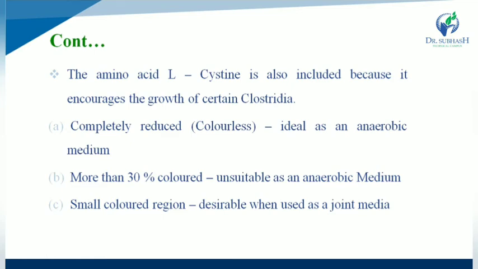The amino acid L-cysteine is also included because it encourages the growth of certain Clostridia. For example, completely reduced, colorless is ideal as an anaerobic medium. More than 30% colored is unsuitable as an anaerobic medium, while a small colored region is desirable when used as a joint medium.